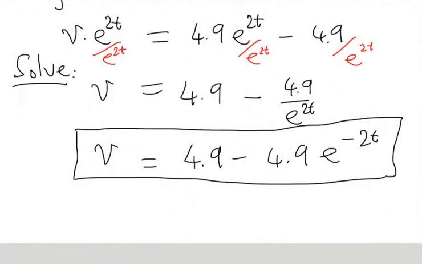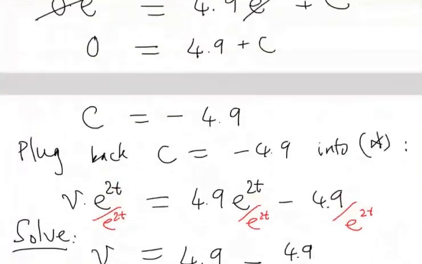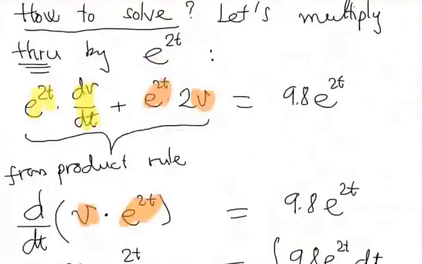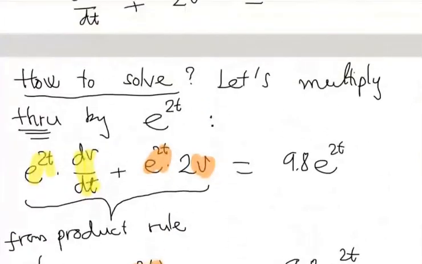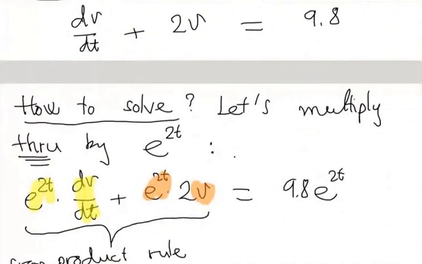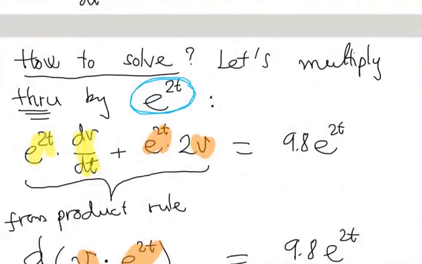So let's go back to what we did. The key is to multiply through by the magic factor here to make the left hand side of the equation the derivative of a product.